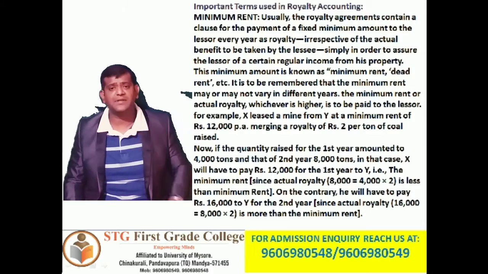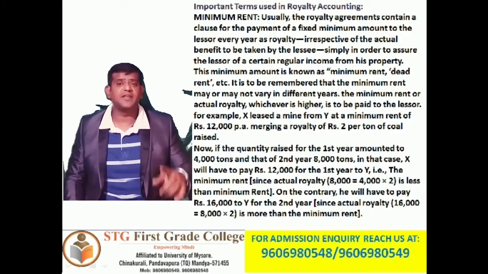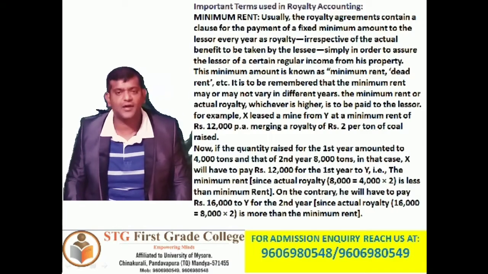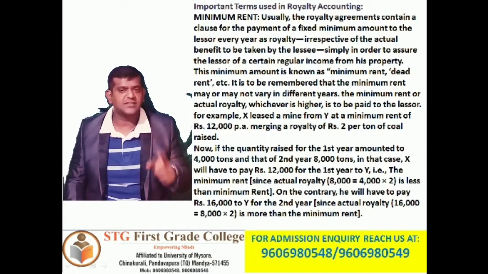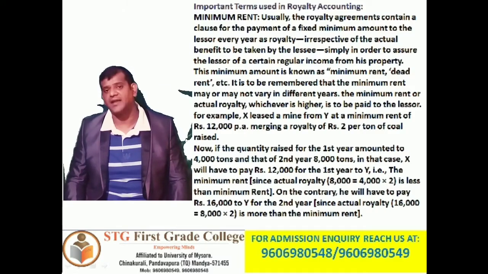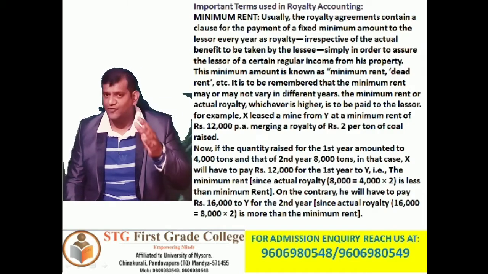For example, X leased a mine from Y at a minimum rent of rupees 12,000 per annum, with a royalty of rupees 2 per ton of coal raised. It is a simple formula to make you understand. Clear? So you have to remember this.